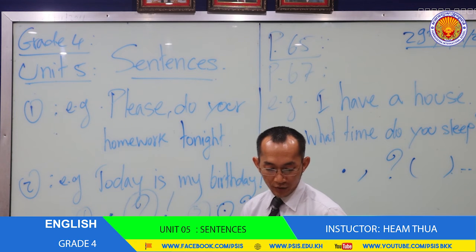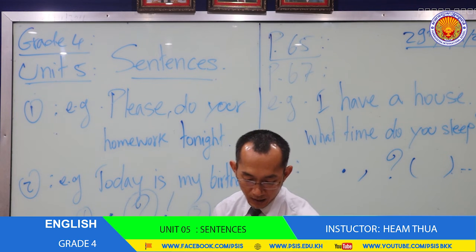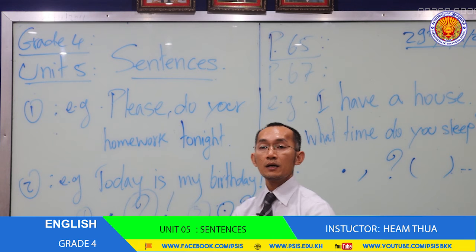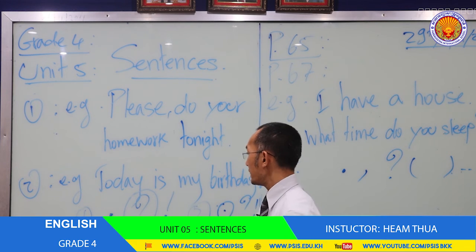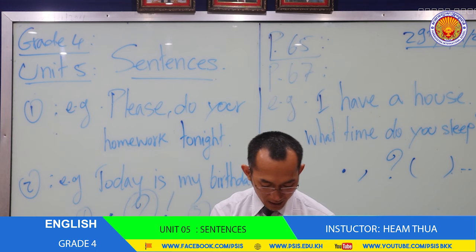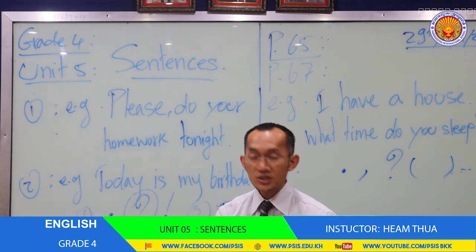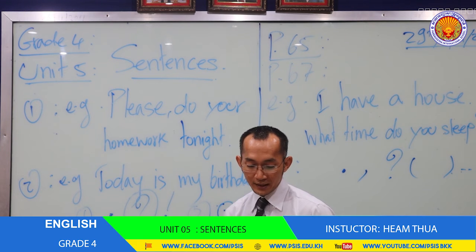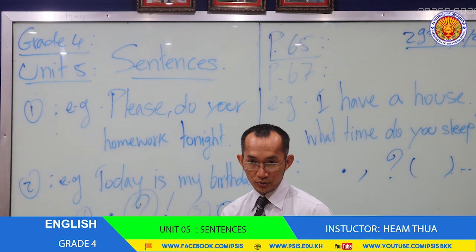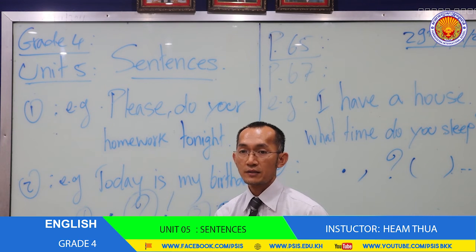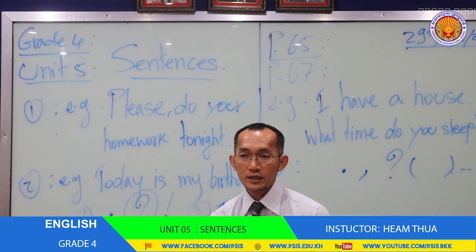Now the homework here is a little bit different from section E. In section E, you only circle the punctuation. But on page 69, they want you to follow the guideline in section A.